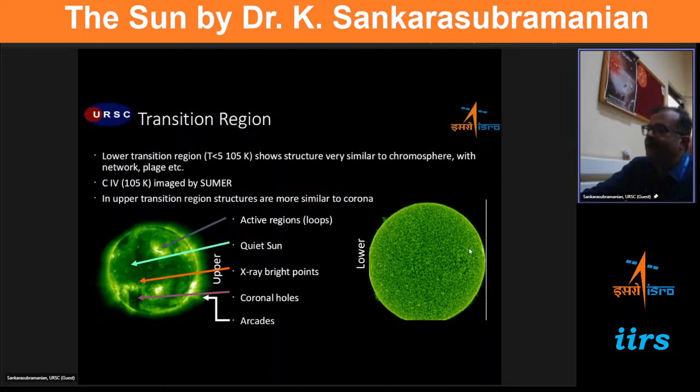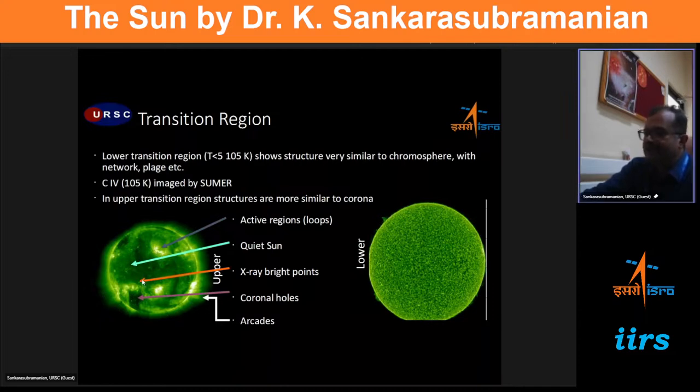It looks very quiet. And if I look at the upper transition region, you start to see all kinds of structures. You see the active regions, which are bright structures, and the quiet regions, which don't have much activity and are still bright, but not as bright as the active regions.